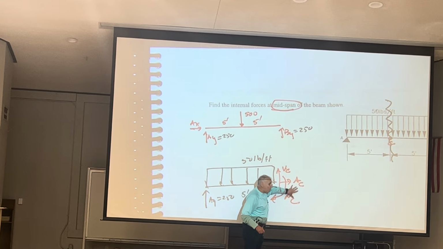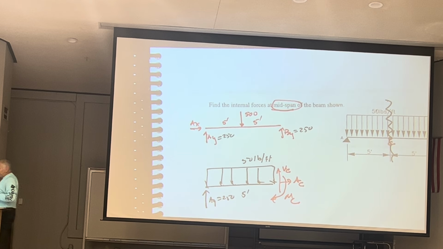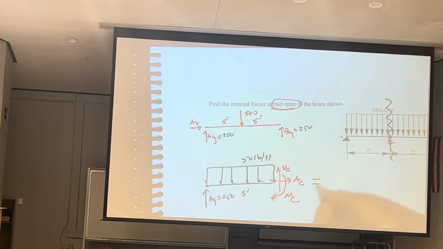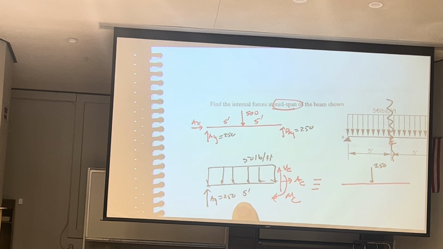The internals have not become external, they've been exposed. So now that I have everything external, I really have a single force here, which is 250, acting at 2.5 feet here, 2.5 feet there. I now have an AC, BC, and an MC.